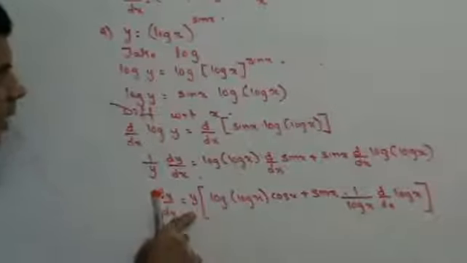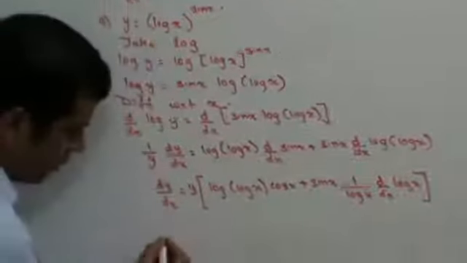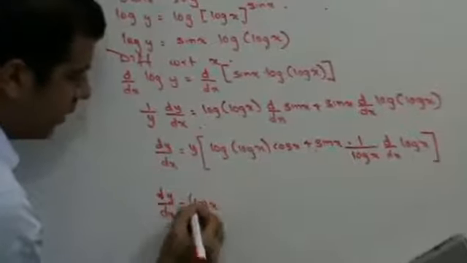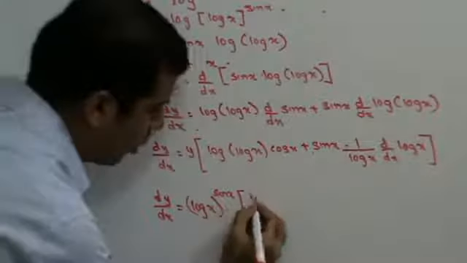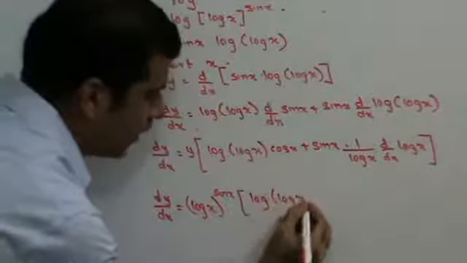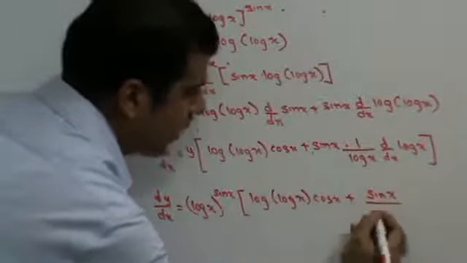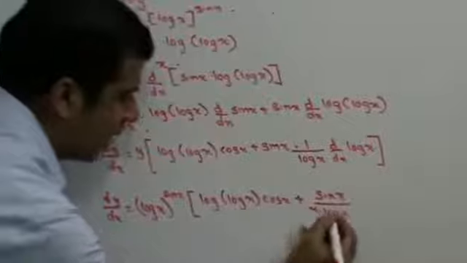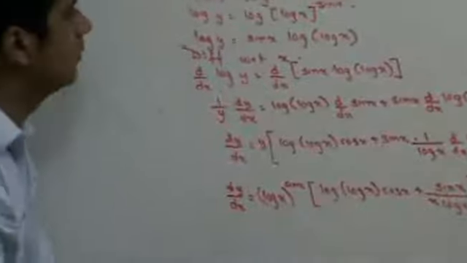Resubstitute the value of y, so you will get dy by dx is log x raised to sin x, log of log x cos x plus sin x upon log x. D by dx of log x is 1 upon x, which I can write here. This will be your answer for the sum. Fine. Let's move on to the next sum.